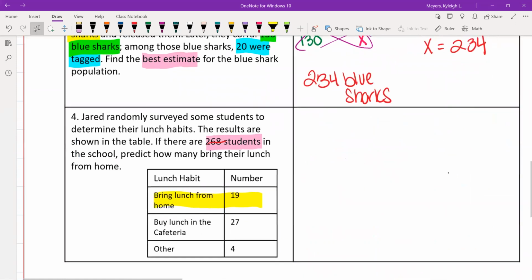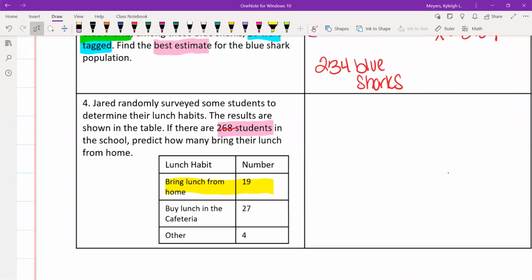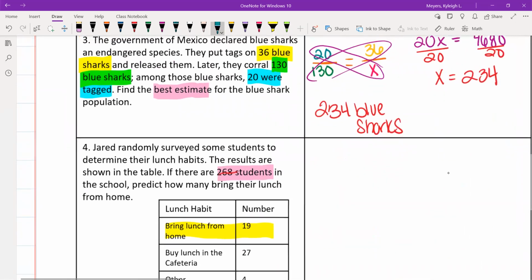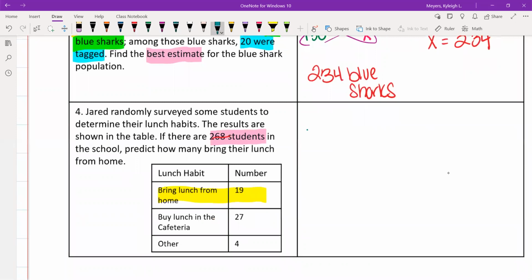We have to figure out a new proportion. So think of number in survey, total surveyed, equals X over total population. That's going to be our new proportion, so kind of the same.